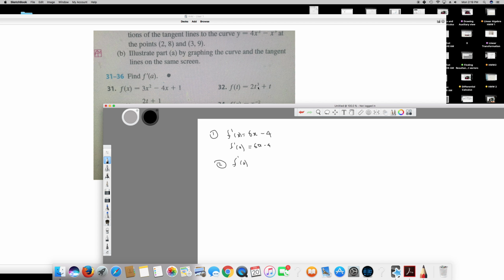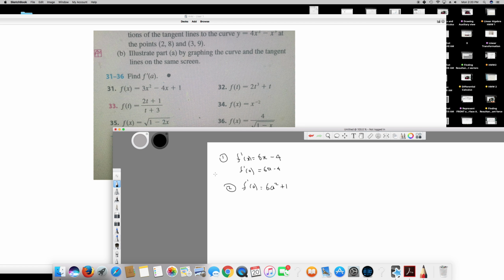So 6a square plus, and this one multiplied here is going to be 1, and t to the power of 1 minus 1 is going to be 0. So 1 times t to the power of 0 is just 1. Whatever the value, any number to the power of 0 is going to be 1. So 6a square plus 1 is my answer for this question.